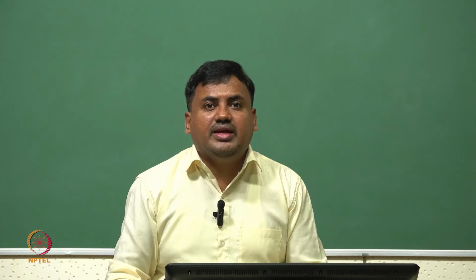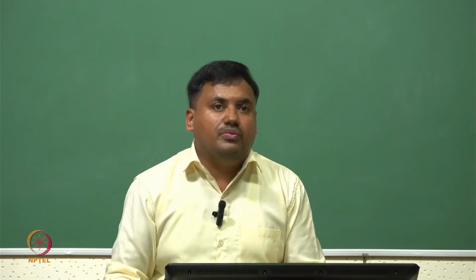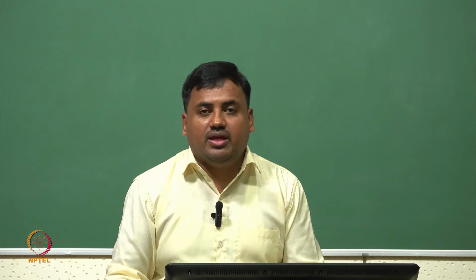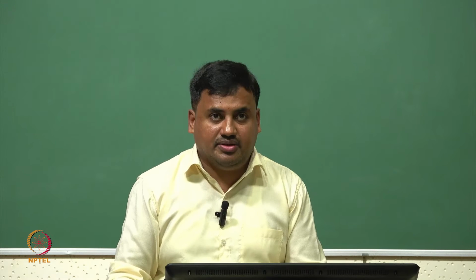When we say the comparing category, it is used to compare values between groups. When you have data with multiple variables, comparing category charts can be used to distinguish the differences between the variables. These charts are used to compare the parts of a whole, visually in percentage, with all segments equal to 100%.